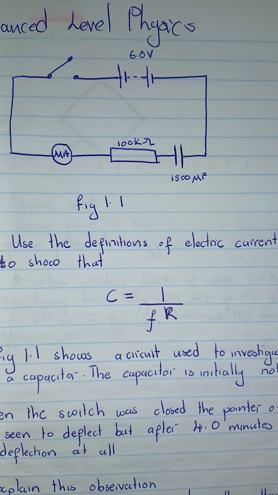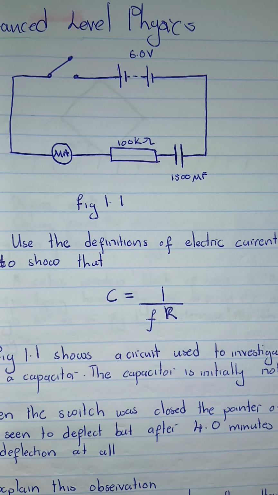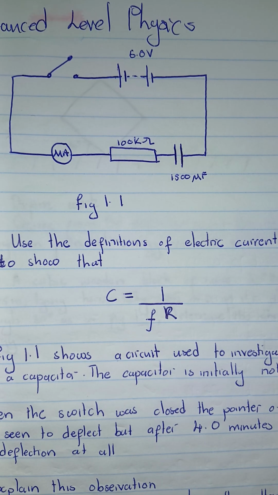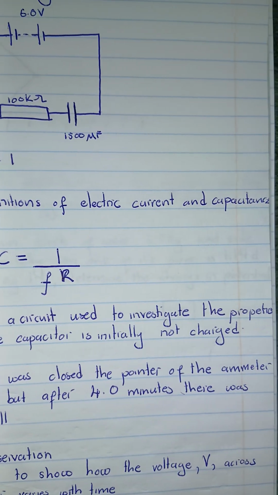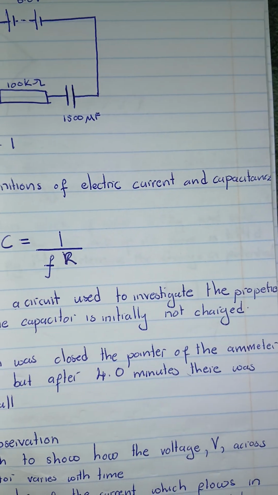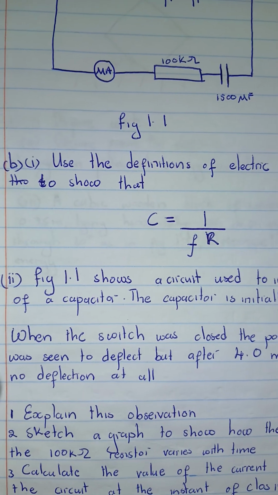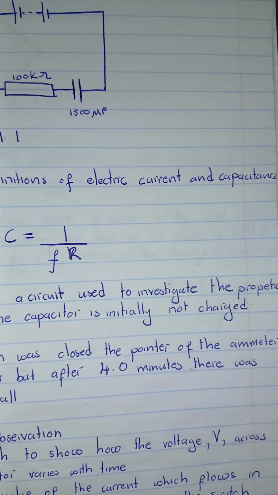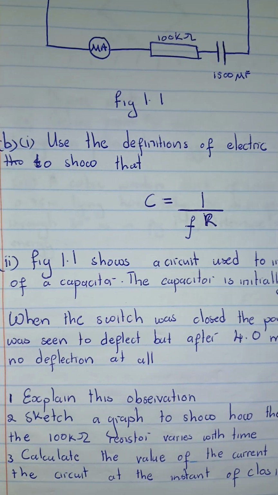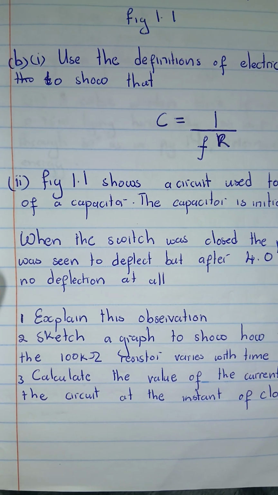Fig 1.1 shows a circuit used to investigate the properties of a capacitor. The capacitor is initially not charged, which means the charge on the capacitor is 0. When the switch was closed, the pointer of the ammeter was seen to deflect, but after 4 minutes there was no deflection at all.